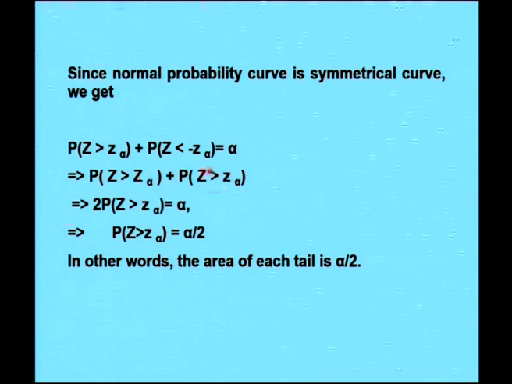So, 2 times P of Z greater than Z alpha is equal to alpha, and therefore, P of Z greater than Z alpha is equal to alpha divided by 2. In other words, the area of each tail is alpha by 2. All these things were diagrammatically represented in the previous session.